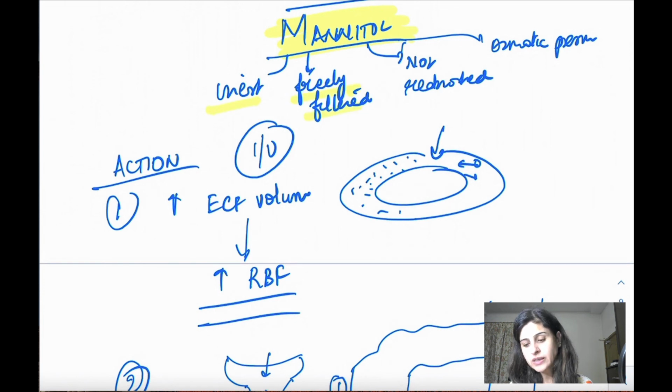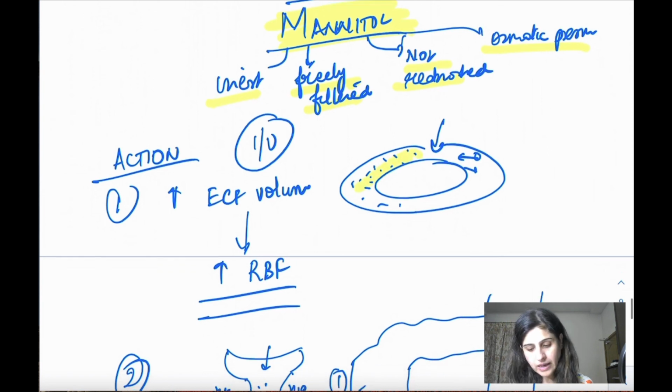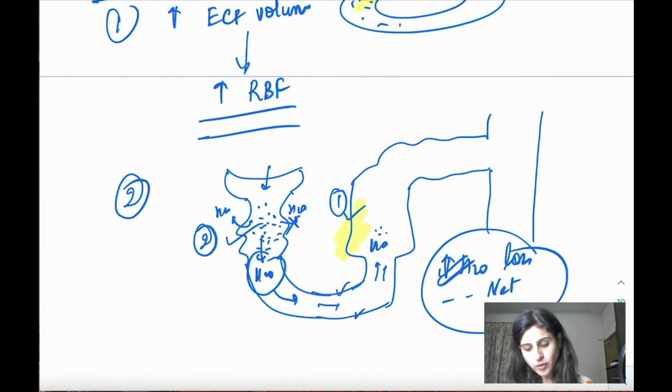It is freely filtered, not reabsorbed, has an osmotic pressure, so increases the ECF volume. Actions are mainly at the loop, also in the PCT, where it doesn't allow the water to be reabsorbed back into the body. So water रहेगा in the urine, volume बढ़ेगा, सोडियम भी थोड़ा बहुत absorb नहीं होके बाहर निकल जाएगा. So mainly it is water and less of sodium.